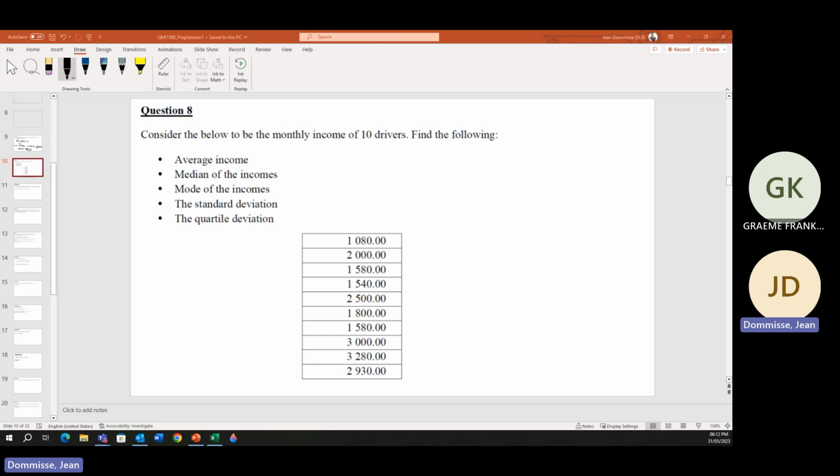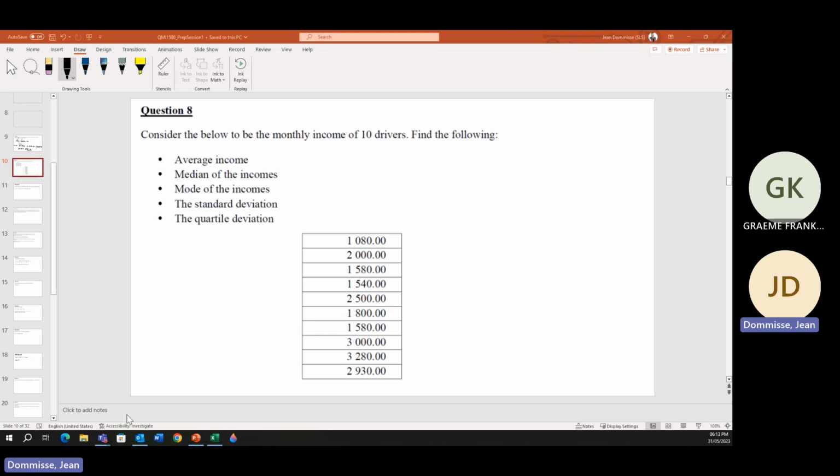I'll share the Excel on the WhatsApp group as well, because I think that will be valuable. I will include the Excel functions, but also how you need to get to the answer.